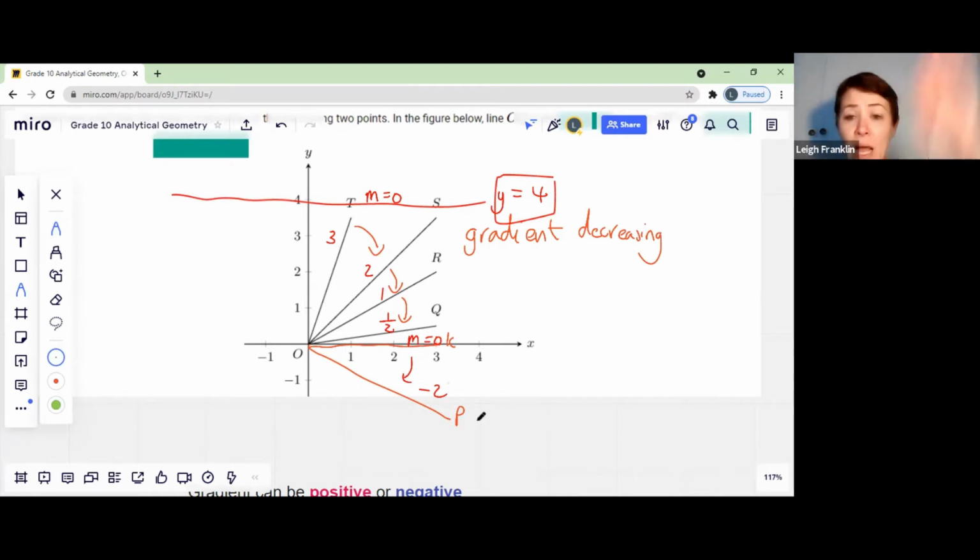Because you're literally climbing a steep, steep, steep hill. So that's what gradient does. Gradient is a measure of how steep the line is. And that can either be 0 in the case of a horizontal line, or it can be positive, or it can be negative.